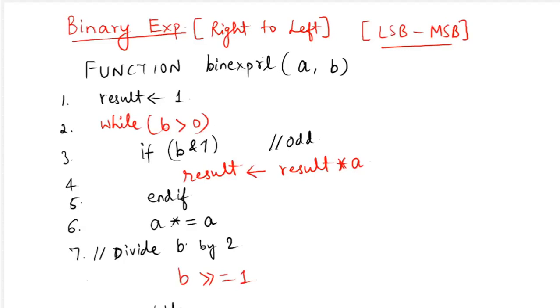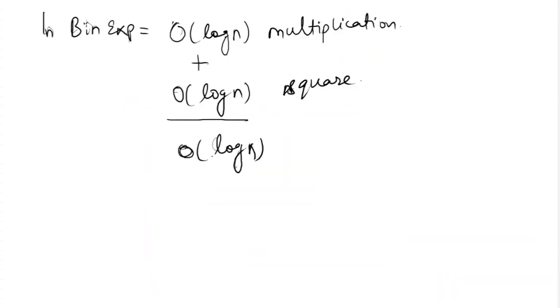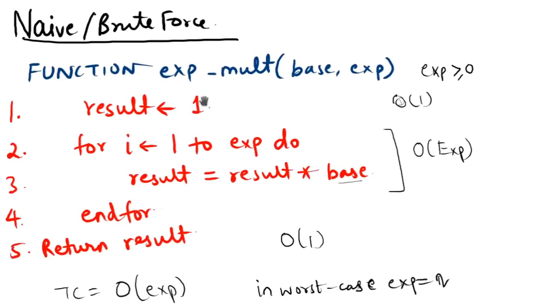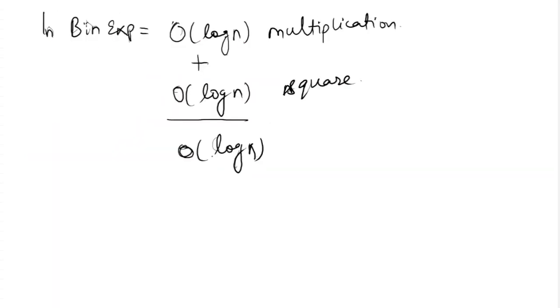The pseudocode for binary exponentiation from the right side to the left, or from LSB to MSB, is represented here, where the function binary exponentiation right to left takes a base and the exponent, and similar to the iterative method, one can have a look at this: result equal to 1 and the loop is executed, but here the loop will be executed only for the odd and even cases.